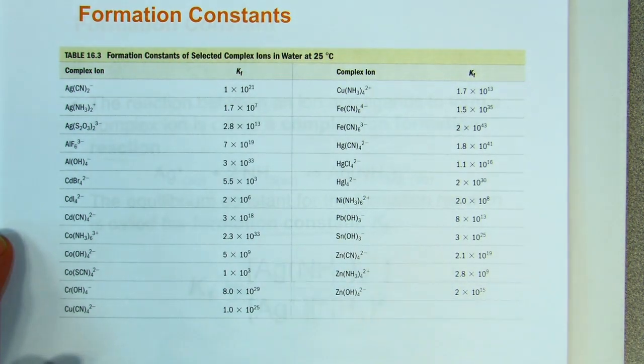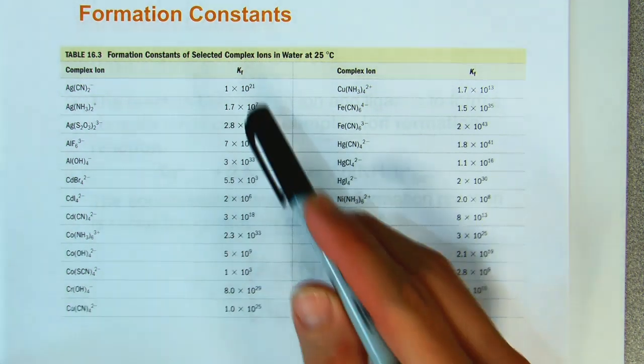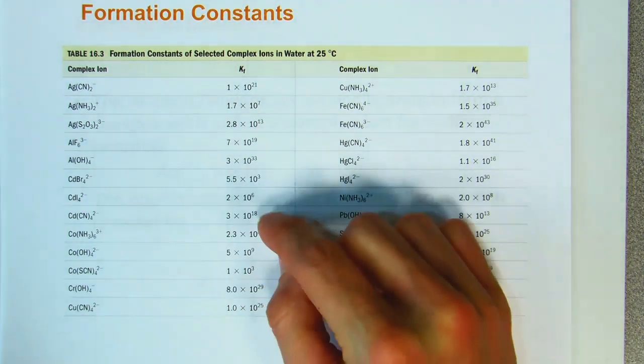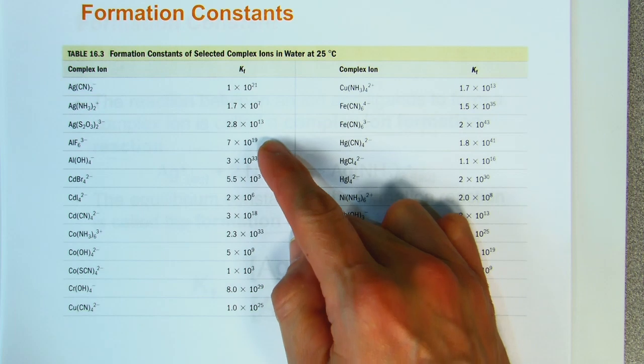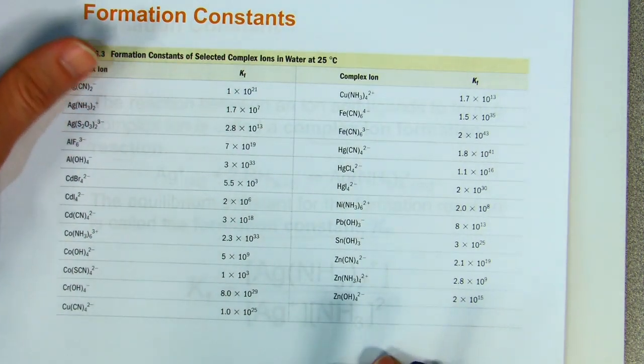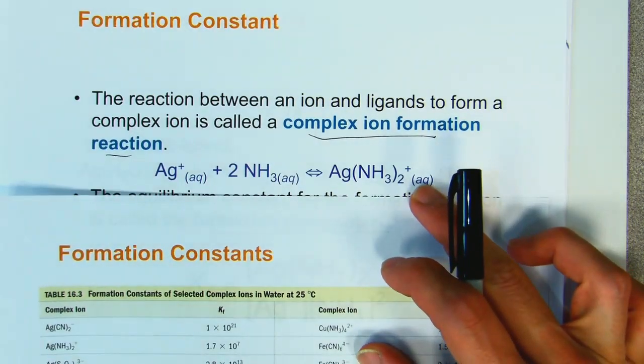Here's 1 times 10 to the 3rd. But in general, notice that Kf values are often quite large, aren't they? I mean, 10 to the 18th, 10 to the 33rd, 10 to the 19th, 10 to the 13th, even 10 to the 7th. What does that tell you about our reactions?